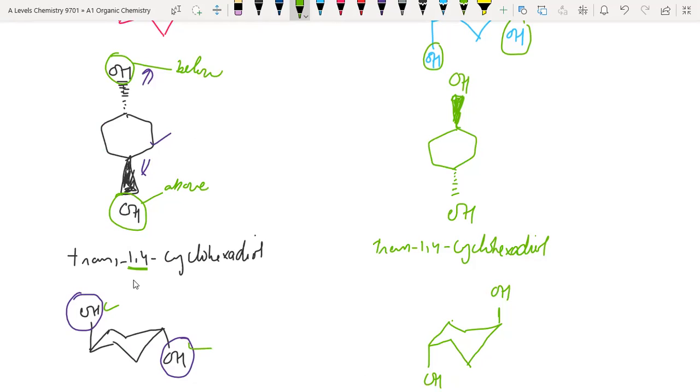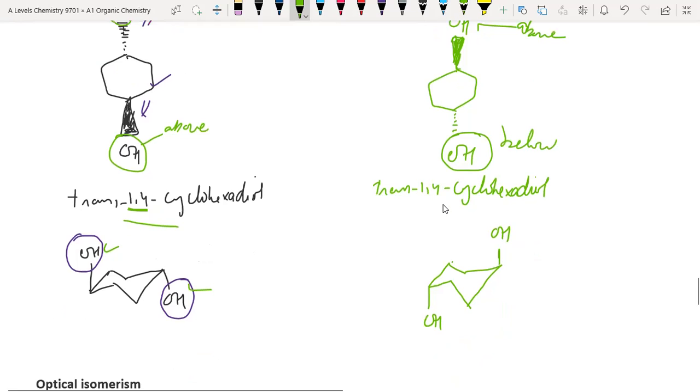Similarly, it is a trans structure. It is also a trans structure in which this is below the ring and this OH is above the ring. So we can write this structure like that: this OH is above, below, or this OH is below the ring.